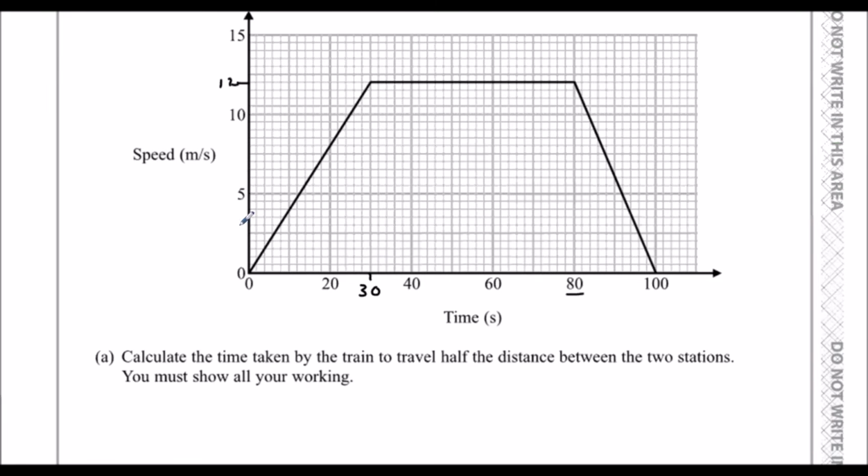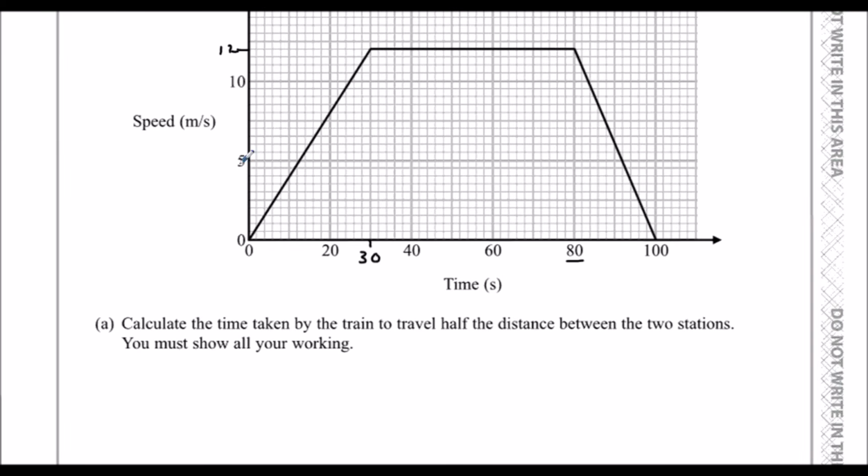So we could do half of A plus B times the height. A plus B are the 2 parallel sides. So that's 30 to 80 is 50, and 0 to 100 is 100.